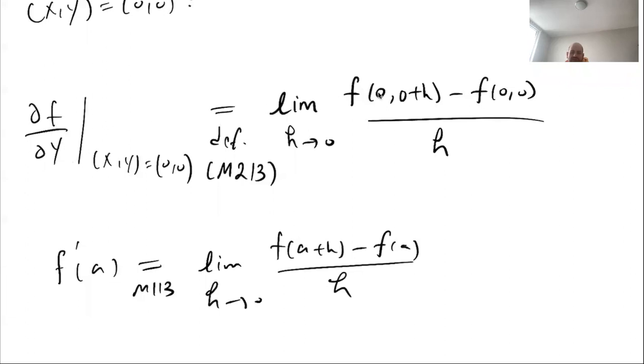So we fixed the x value to be 0, and we are letting the y value change, from 0 plus h to 0, similar to a plus h to a, and then divided by h.